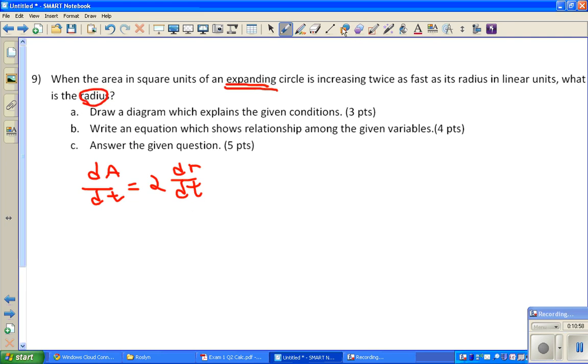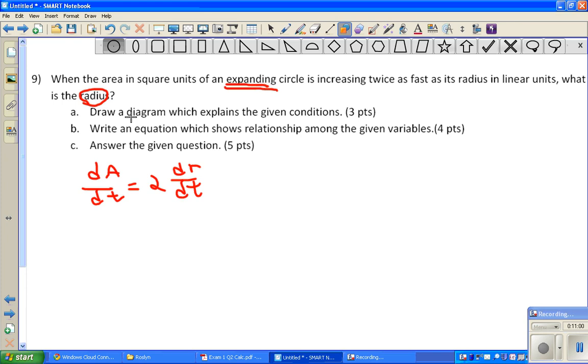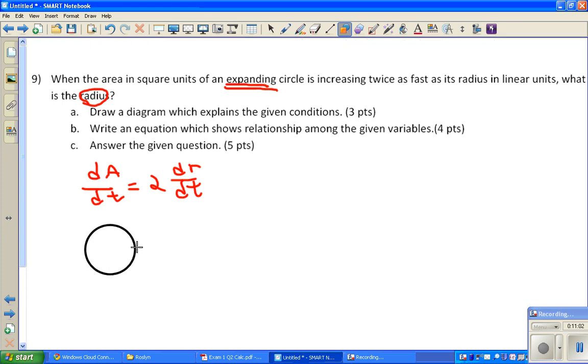So if I had to draw the diagram, it would have been something like this. I have a circle, and this is the radius, and it is expanding. Now, the equation that we can use for the area and the radius would have been area is equal to pi r squared.